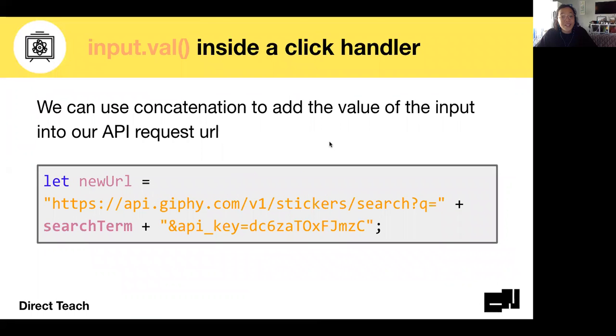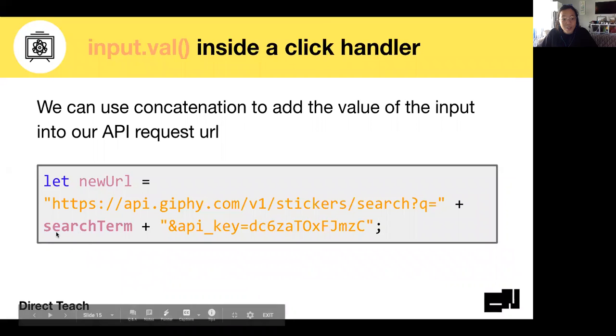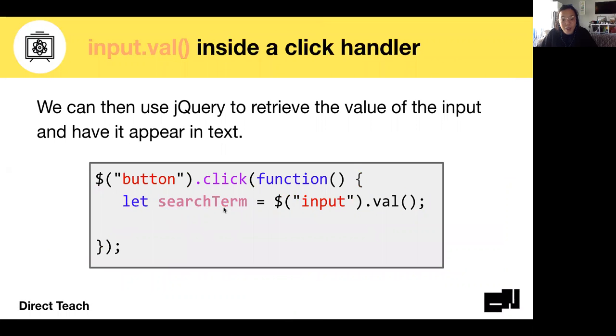We can also use concatenation to add the value of the input into our API request URL. So here is this API URL that should look familiar, but we are using string concatenation to edit that search term. So that search term comes from that variable.